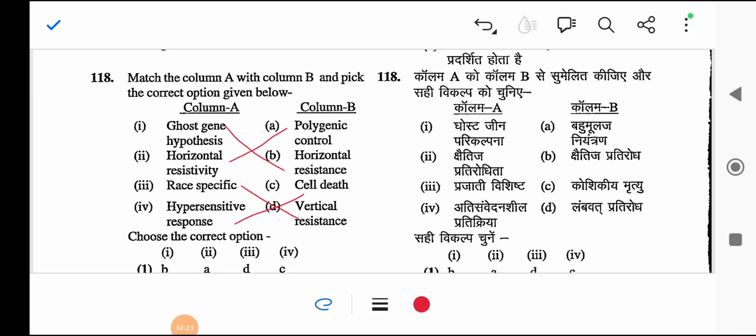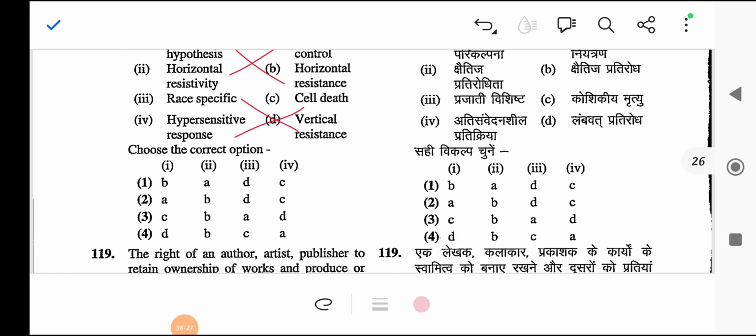Hypersensitive response shows cell death. So option A is correct. Race specific is vertical resistance, hypersensitive response is cell death, horizontal resistivity shows polygenic control, and ghost gene hypothesis shows horizontal resistance.